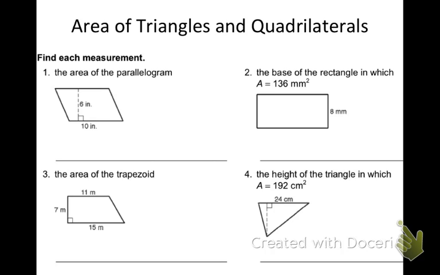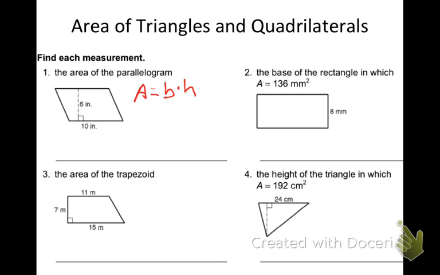Let's look at number 1. It says, find the area of the parallelogram. Now, the formula of a parallelogram is area equals the base times the height. What is the base here, Hannah? And the height, Hannah?